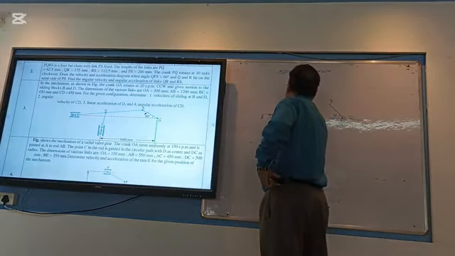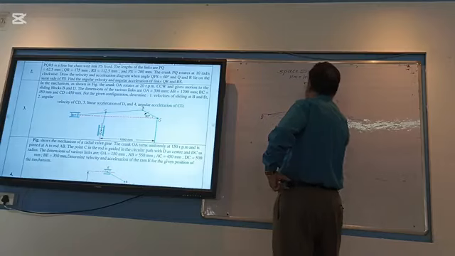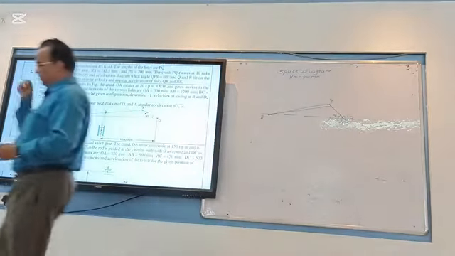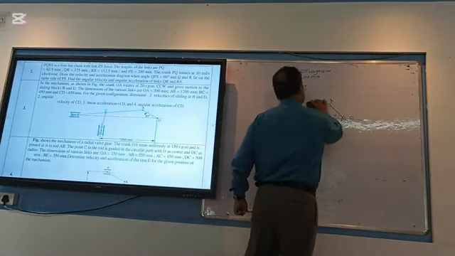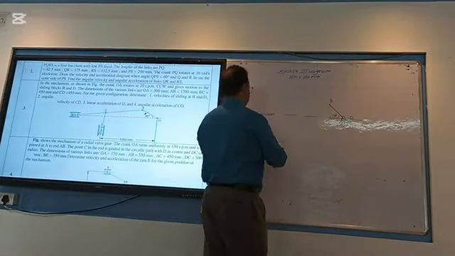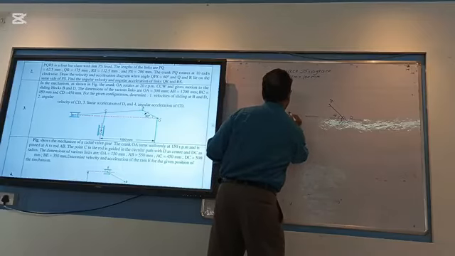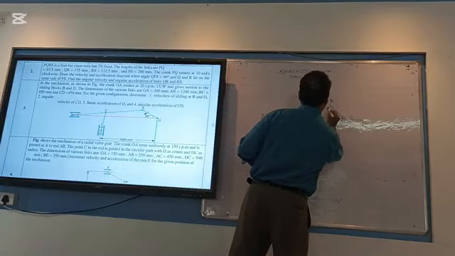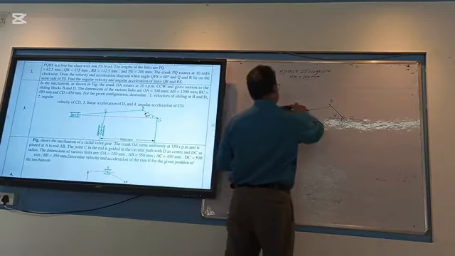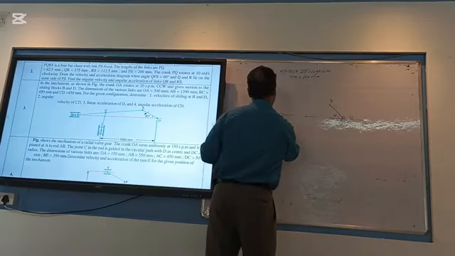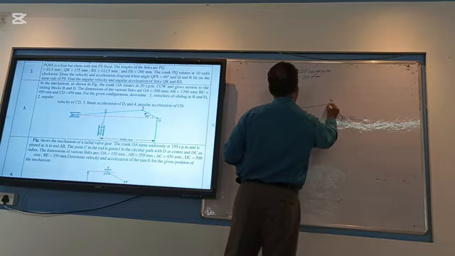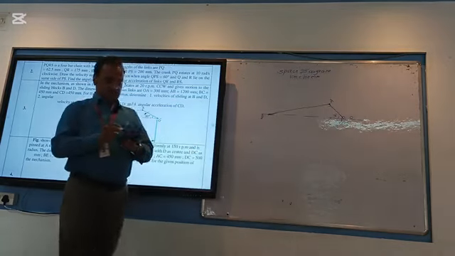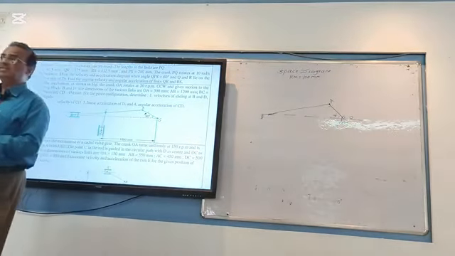Join A with the B. So we got the connecting rod AB, right?